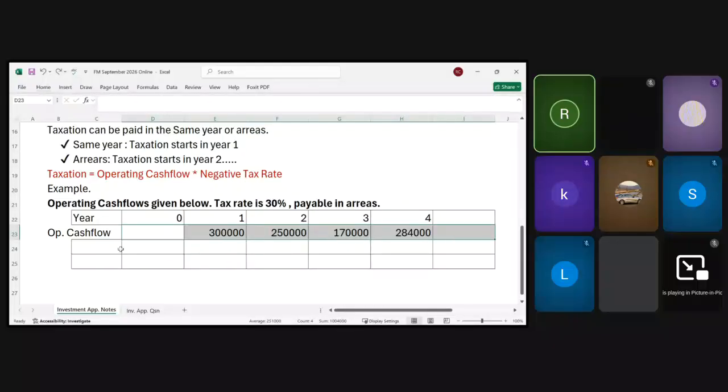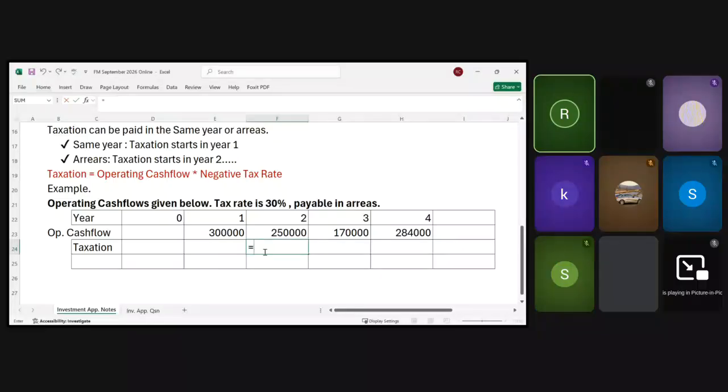So if we are now paying taxation, this is how we pay tax. Since tax is in arrears, taxation is going to arise in year 2. Our first payment is in year 2.